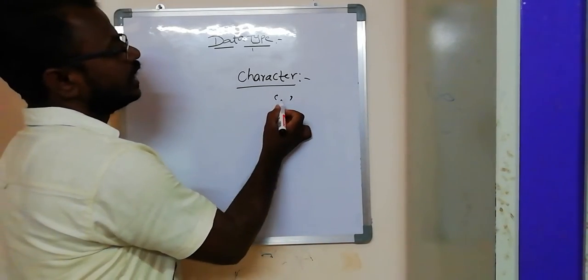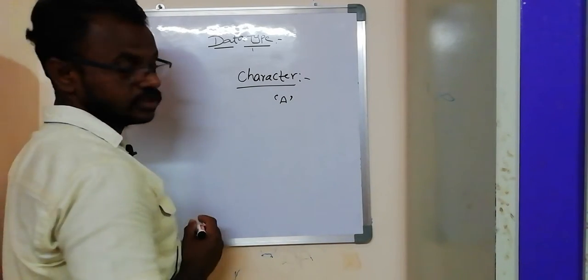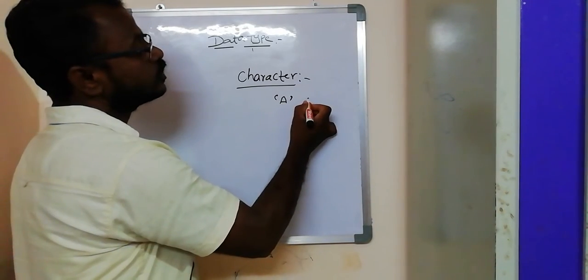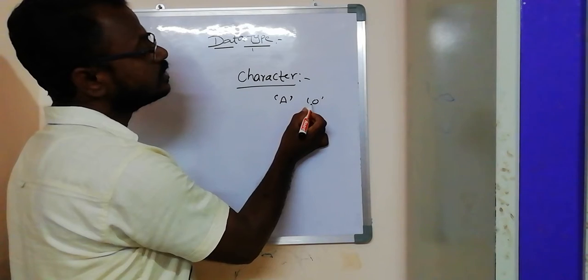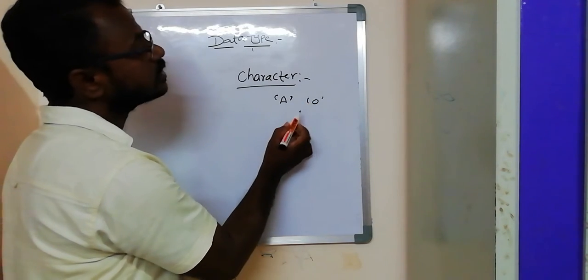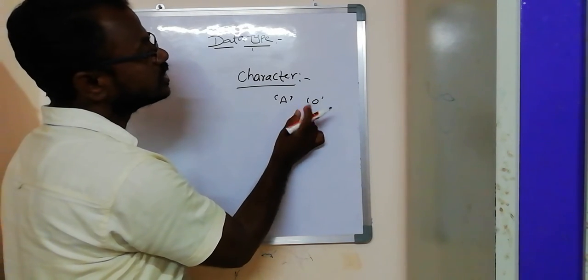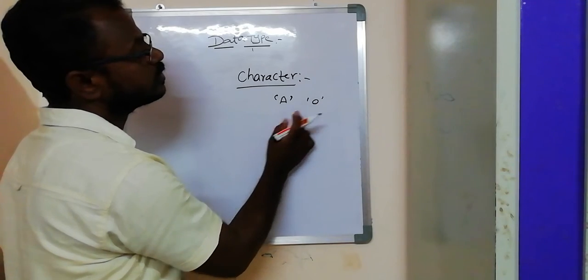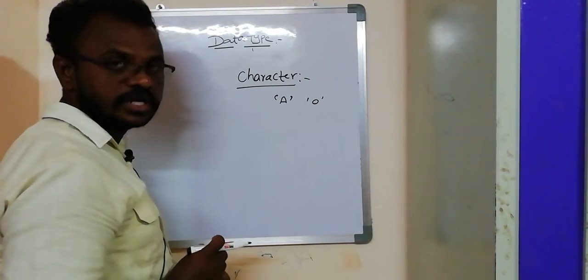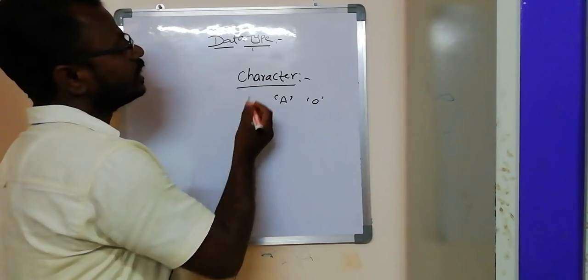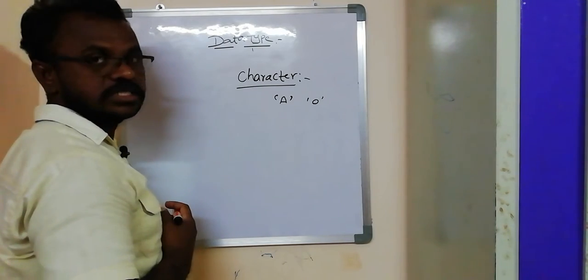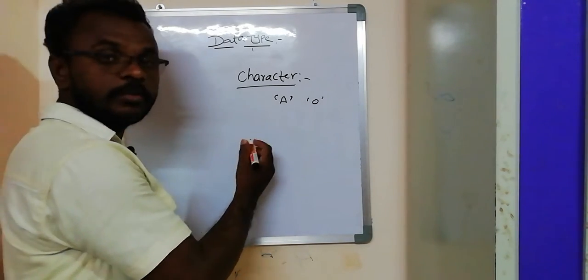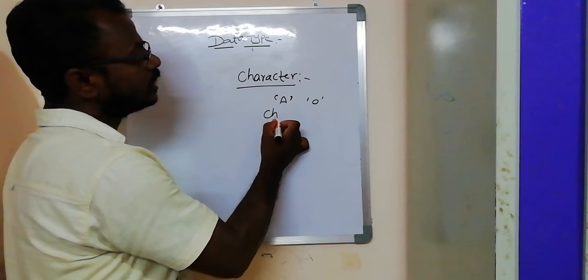See, we can declare, for example, 'A' like that. We can declare, for example, '0' like that. 0 is also a character because that value is specified in single quotes. This is called a character. We can access this data type in a program using the keyword char.